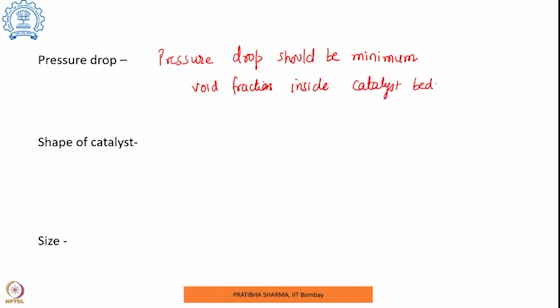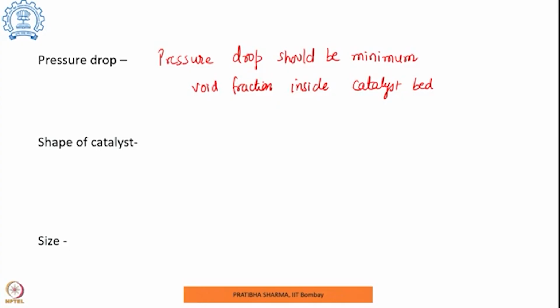If the particle size of the catalyst is lower, then the pressure drop inside the bed will be higher. So there should be an optimum, because we want better heat transfer, and at the same time we want a lower pressure drop. So the void fraction should be higher. In order to keep that, we need to optimize the conditions inside the catalytic bed.